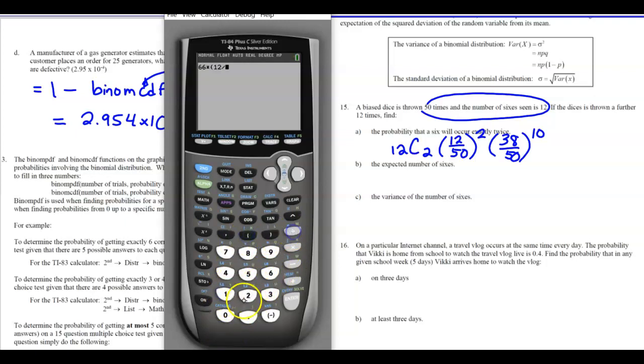You don't have to reduce the fractions, just put them in your calculator. Now, I didn't say what to round. Let's just go to 4 decimal places again, like we did in the last one.